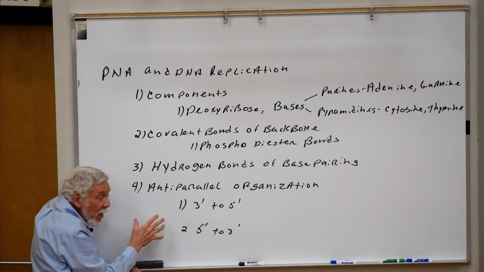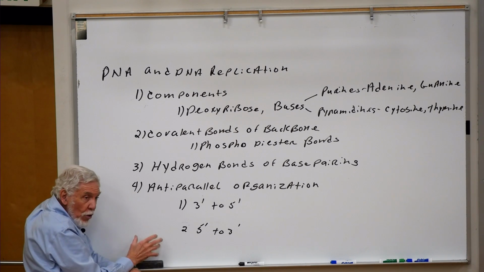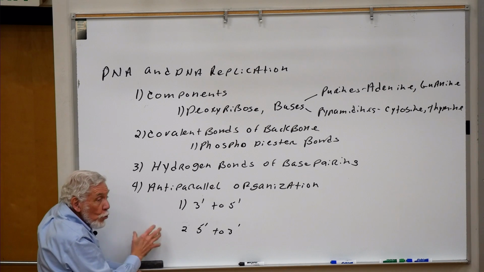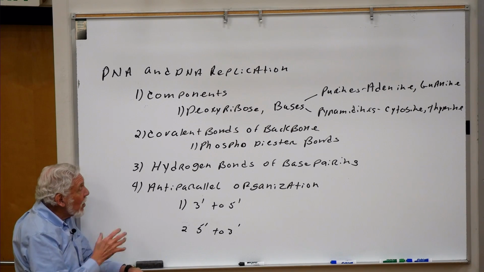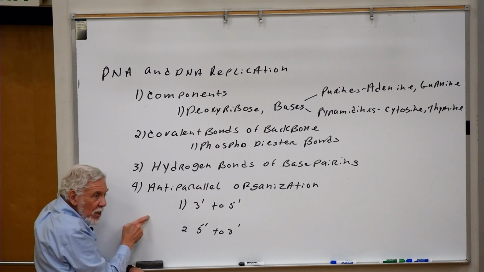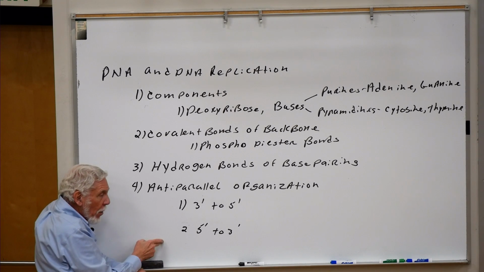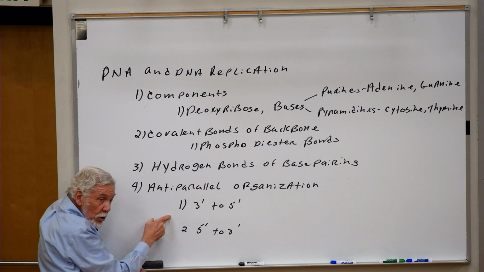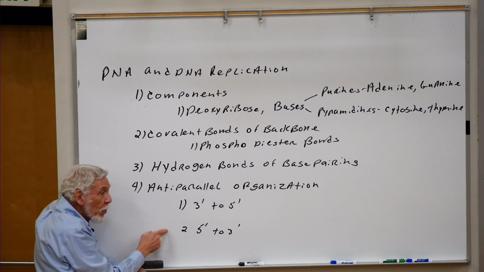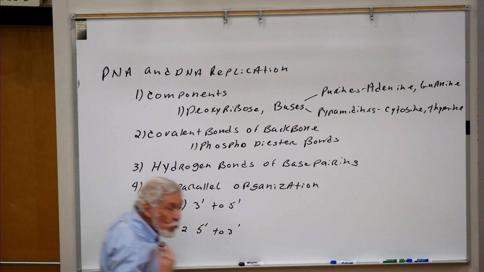But that organization gives an endedness to the 2 strands. And we'll see that the 2 strands of DNA are laid out in what is known as an anti-parallel organization, such that one strand is oriented 3' to 5' based on the structure of its sugars, and the other is oriented 5' to 3', again based on the structure of the sugars.